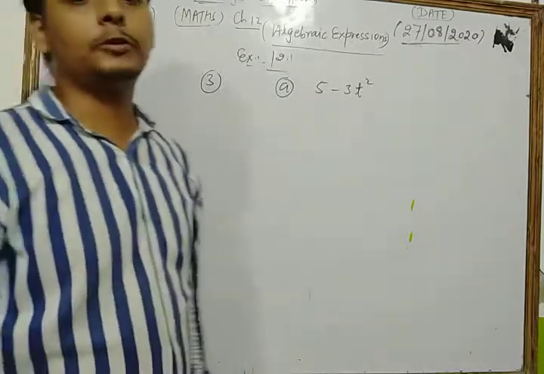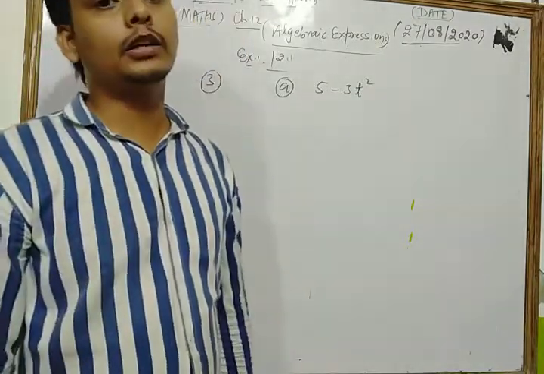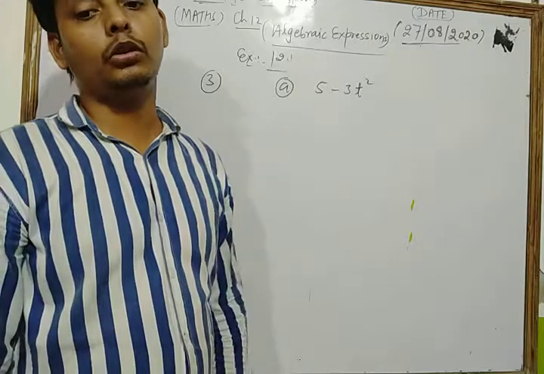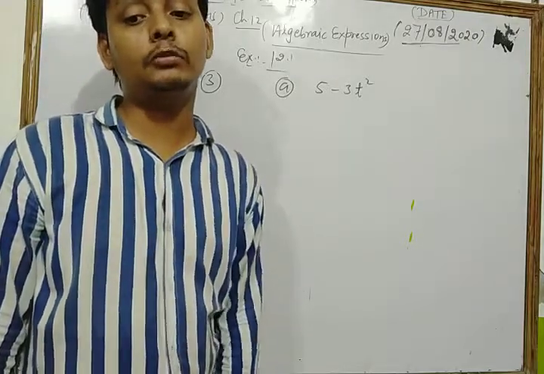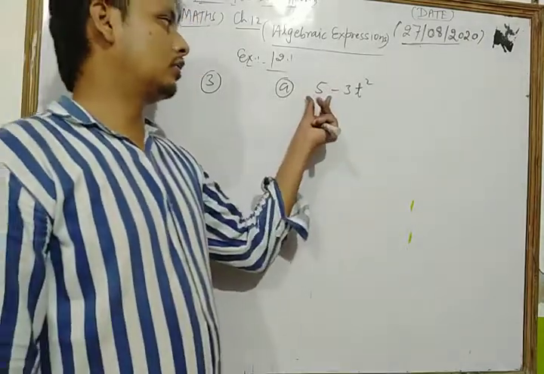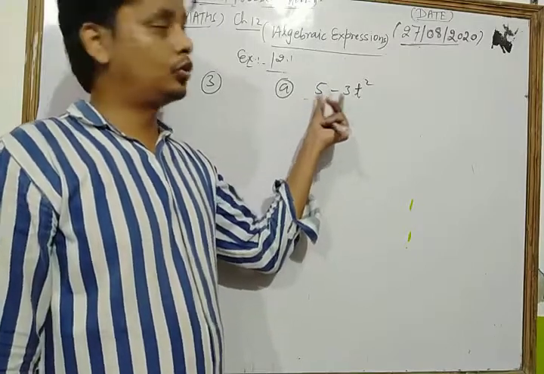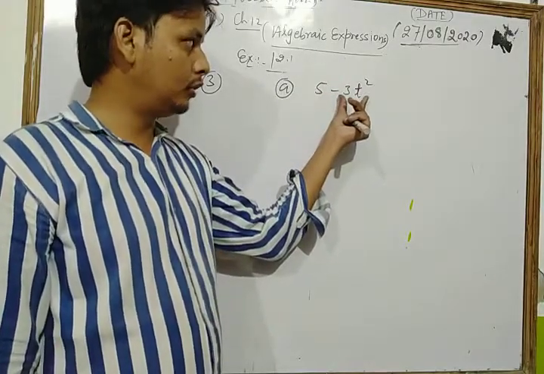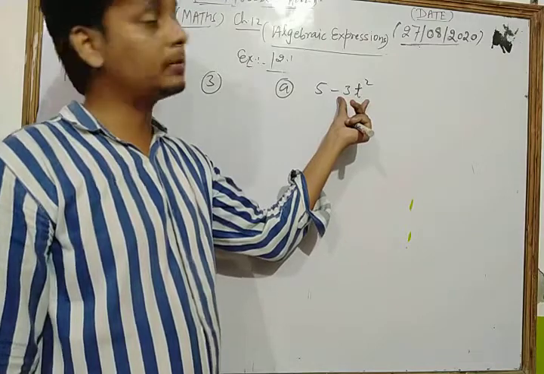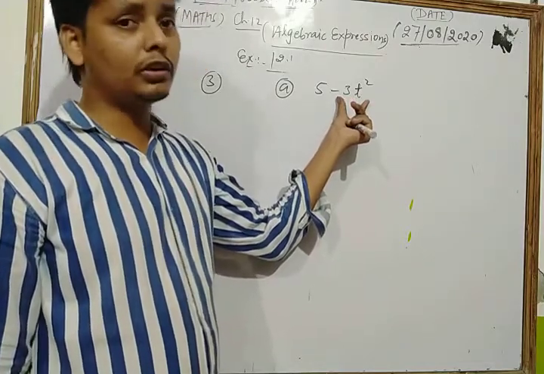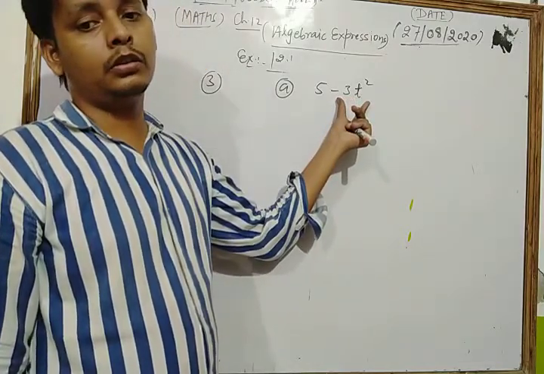In that algebraic expression, we find the numerical coefficient of terms other than constant. Here the constant term is 5, so we only look at the other part of that expression. What is the numerical coefficient of the term?